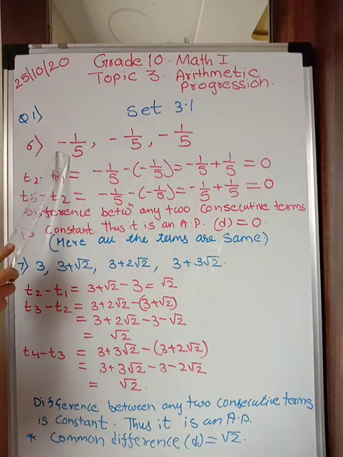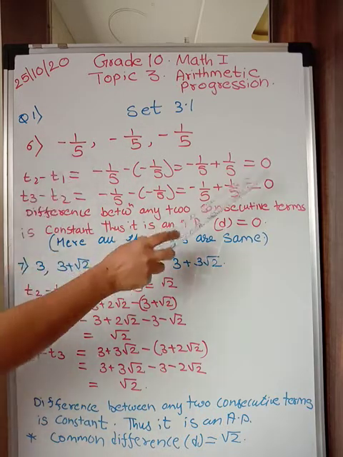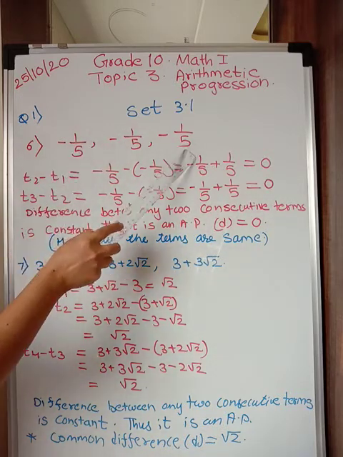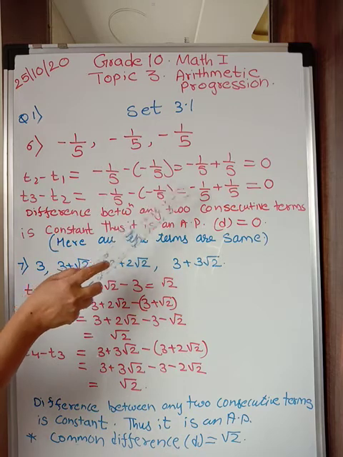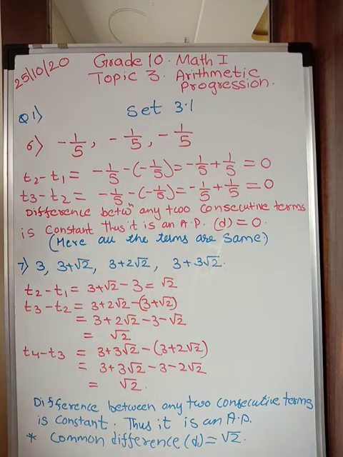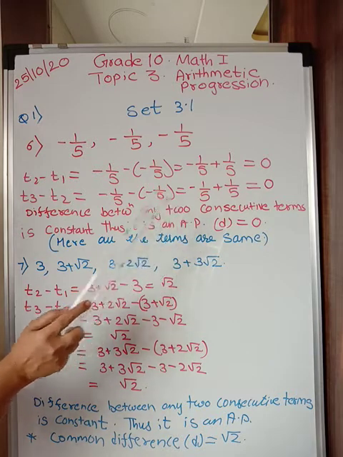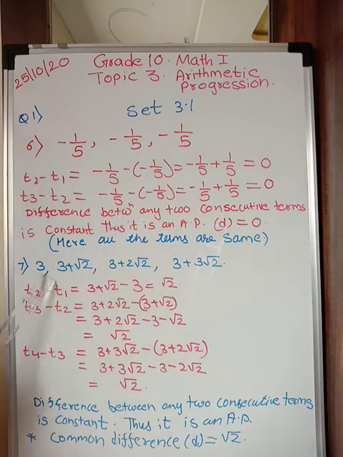If you subtract one number from itself, you will always get a difference of 0. So every time, T2 minus T1, T3 minus T2, your answer will be 0, which is constant. And therefore a sequence made up of only one number, whether negative or positive, is surely an arithmetic progression. Alright, please remember this.